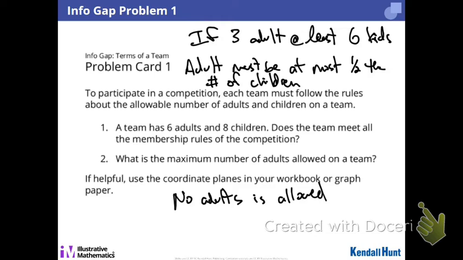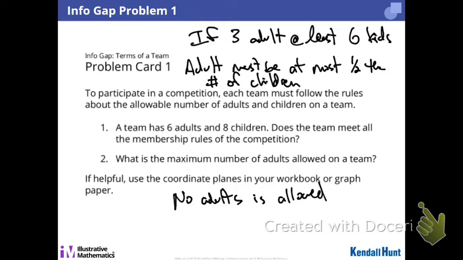So the amount of kids allowed, if there's a minimum number of kids. Well, I kind of already answered that with the 3 adults, at least 6 kids. Oh, I understand. Yep. Okay, Micah. What is the ratio of kids to adults? It's 1 to 2. The number of adults must be at most half the number of children.